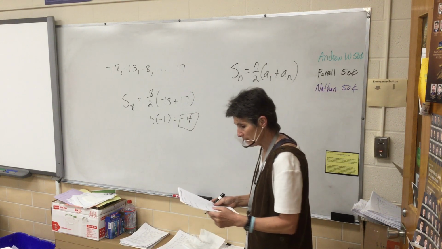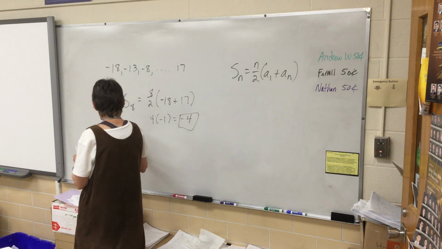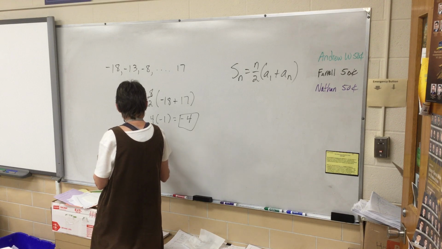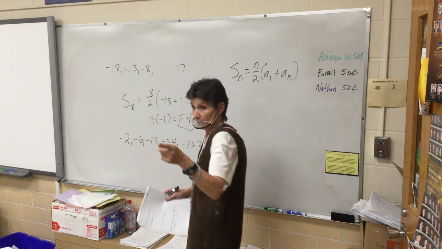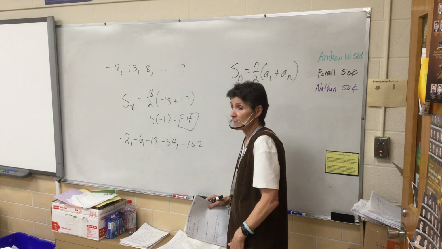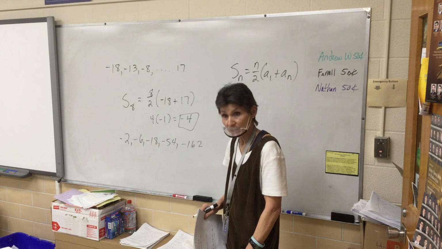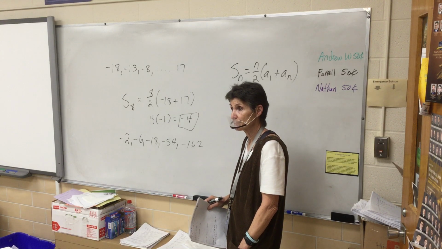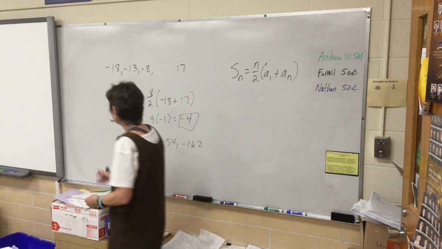Let's look at the next one, B. Tell me about this one. Okay, it's geometric. It is not arithmetic. We are multiplying by 3 to get from term to term. So guess what? We got a formula for that too.